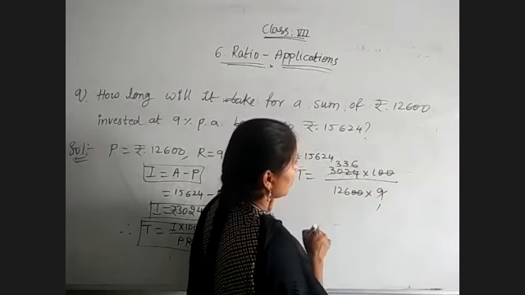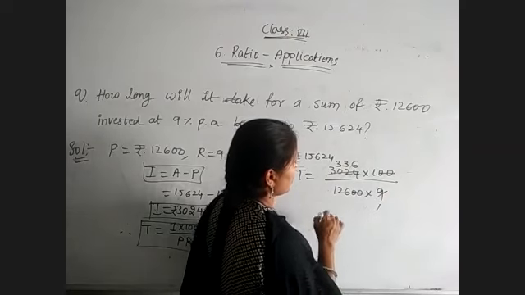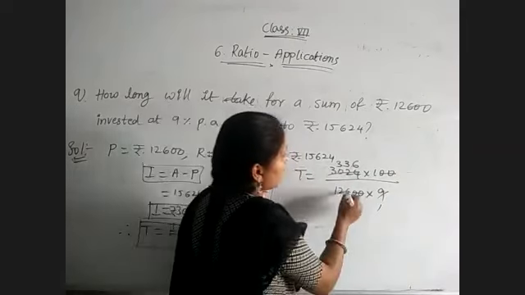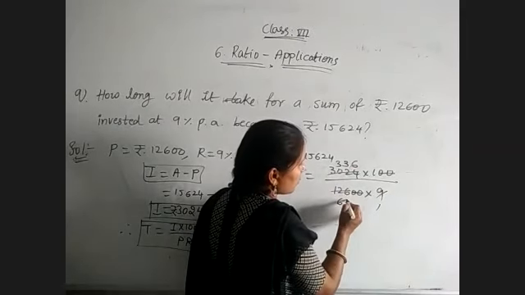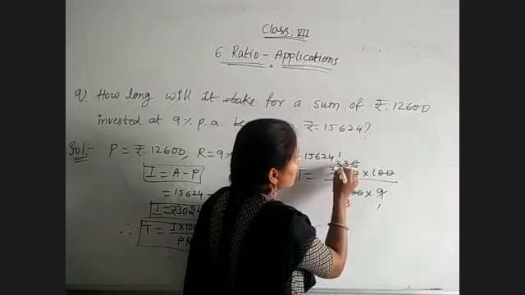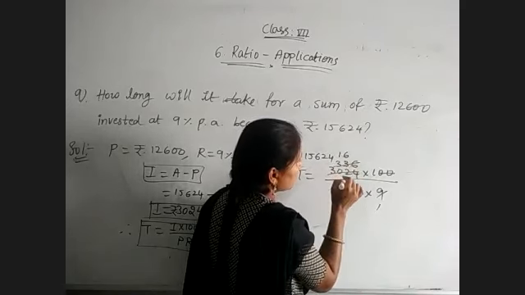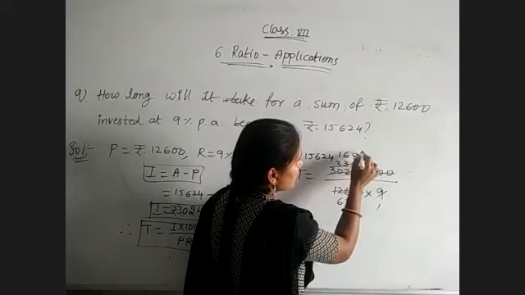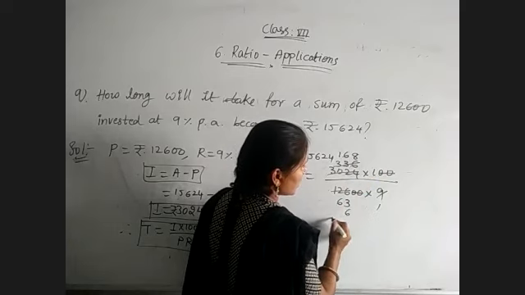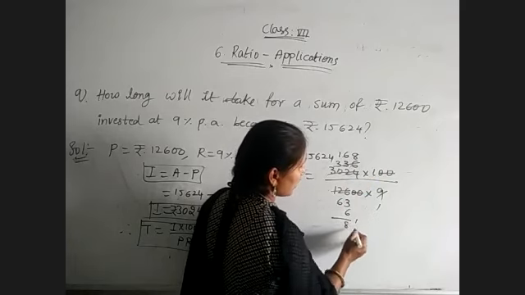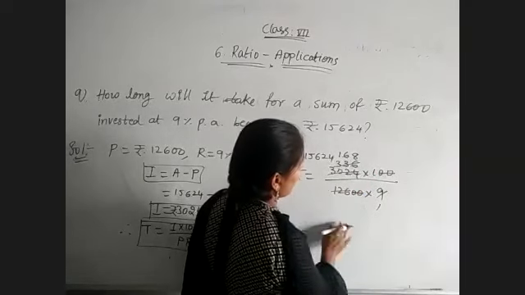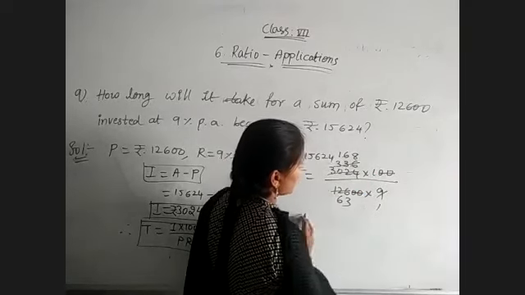And now with the 2 table, 2 6s are 12, 2 8s are 16, we got 63.